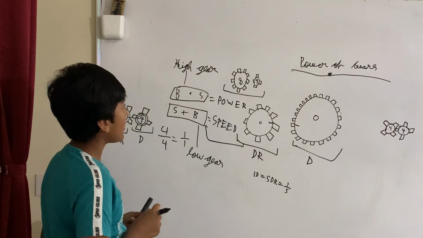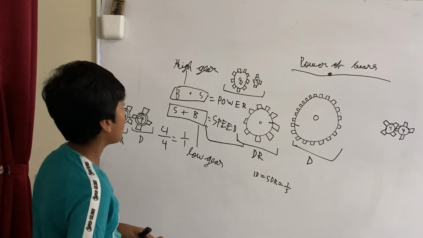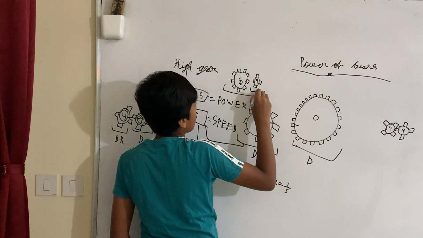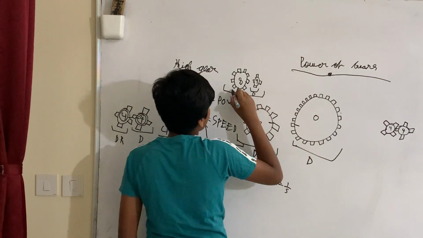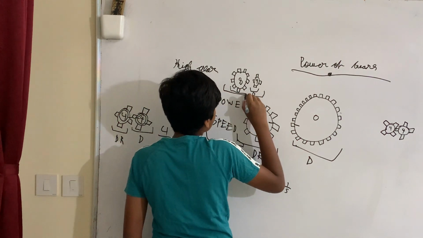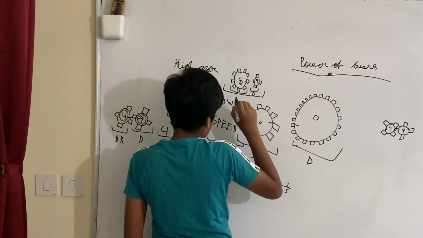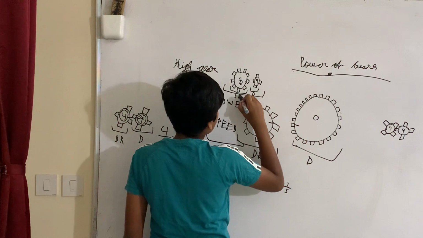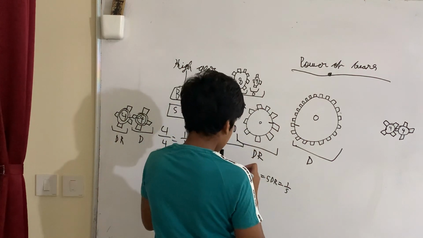Our D gear is 4, and our DR gear here is 8.